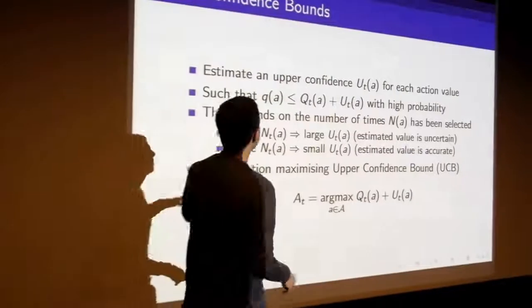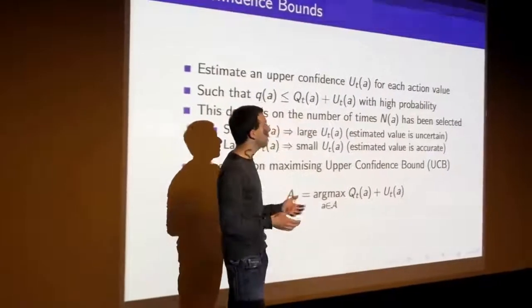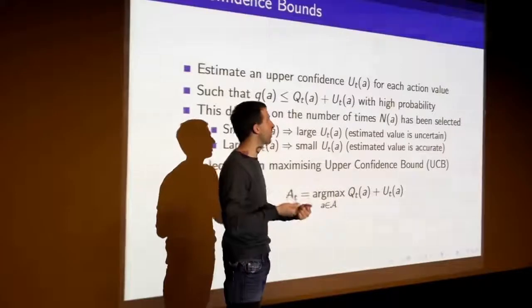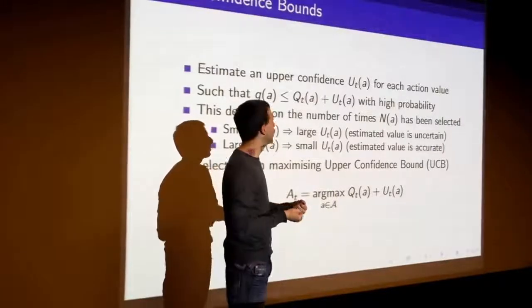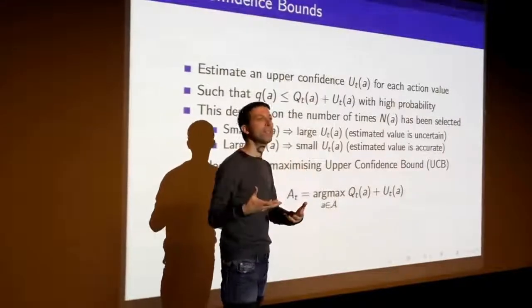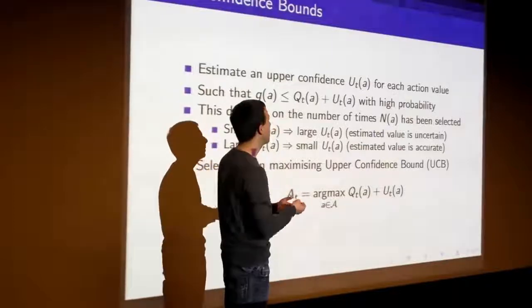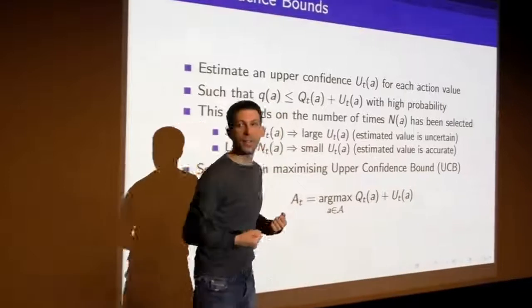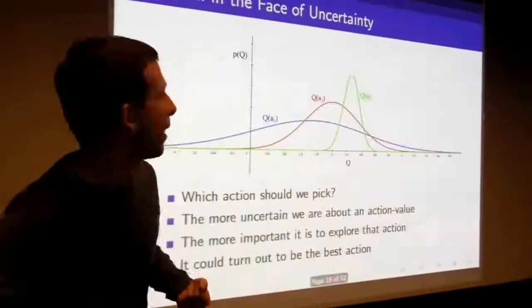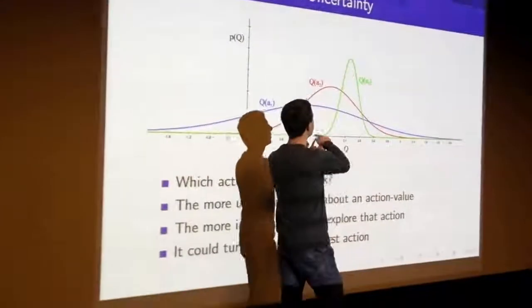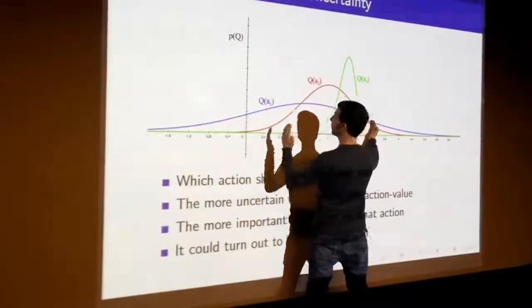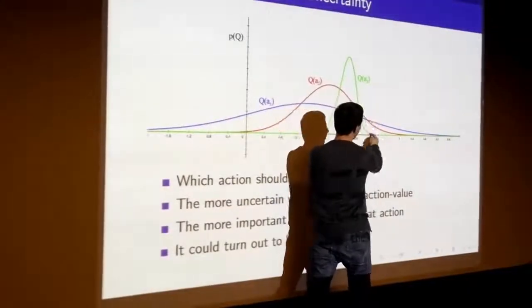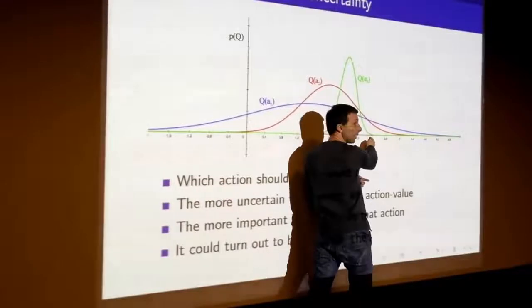So we're going to estimate this upper confidence U. So we can think of this as a high probability upper confidence on what that value could be. So think of this as something like a 95% confidence interval about where the mean could actually be. So we're going to say, maybe I'm 95% confident that this one is going to be within this range here. And so that gives us our point that we use. That's our U value here now.